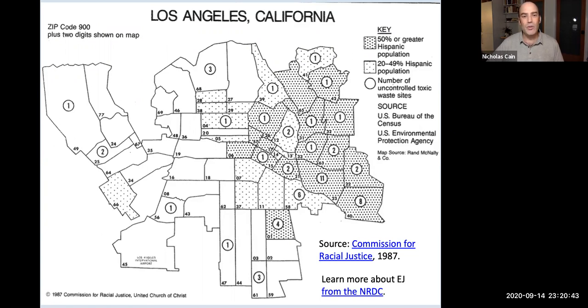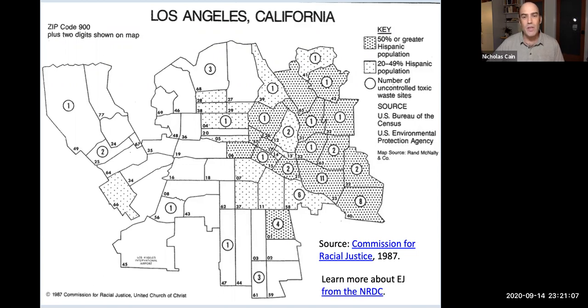And each area, each zip code on this map has got a number, which shows the number of uncontrolled toxic waste sites in the zip code. Those numbers show the last 2 digits of each zip code. The shading shows the ethnic proportions in each zip code.